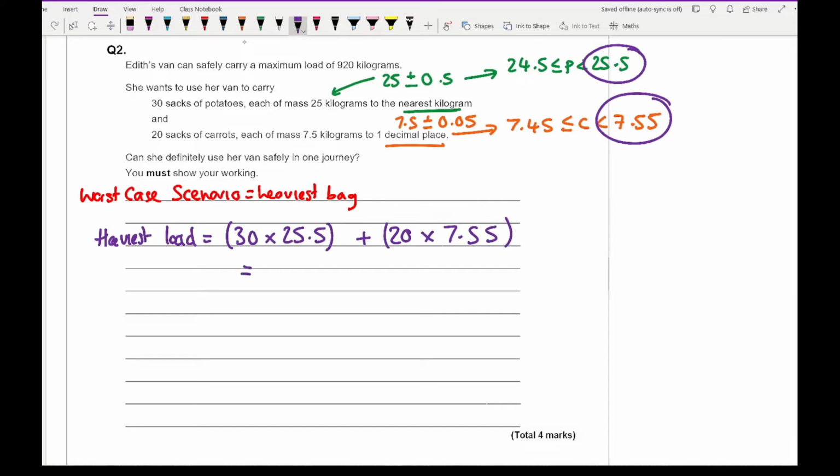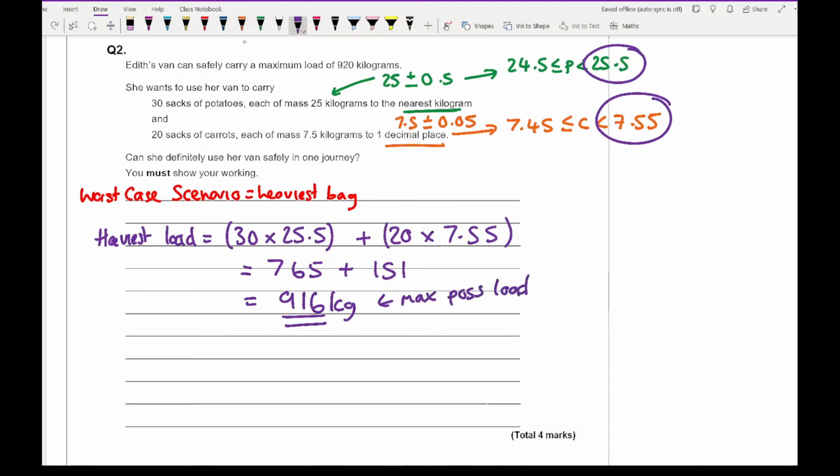And if I type that all into my calculator, I get an answer of 765 plus 151, which comes up to 916. So that's the maximum load. So this here is the maximum possible load.